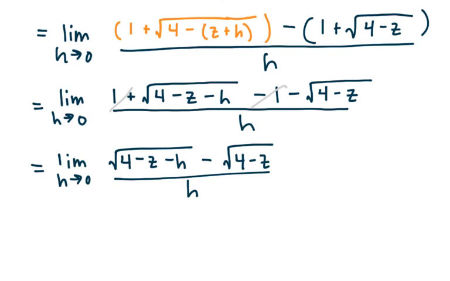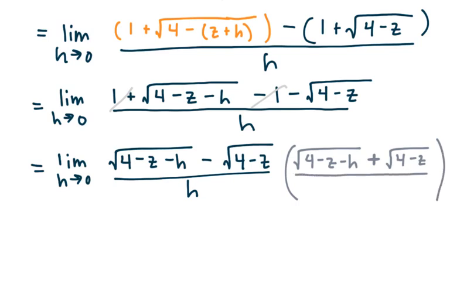So at this point, our strategy, especially when we have radicals, square roots, is we multiply by 1 and we form that 1 by using the conjugate. So that's the square root of 4 minus z minus h, and this would be plus the square root of 4 minus z.